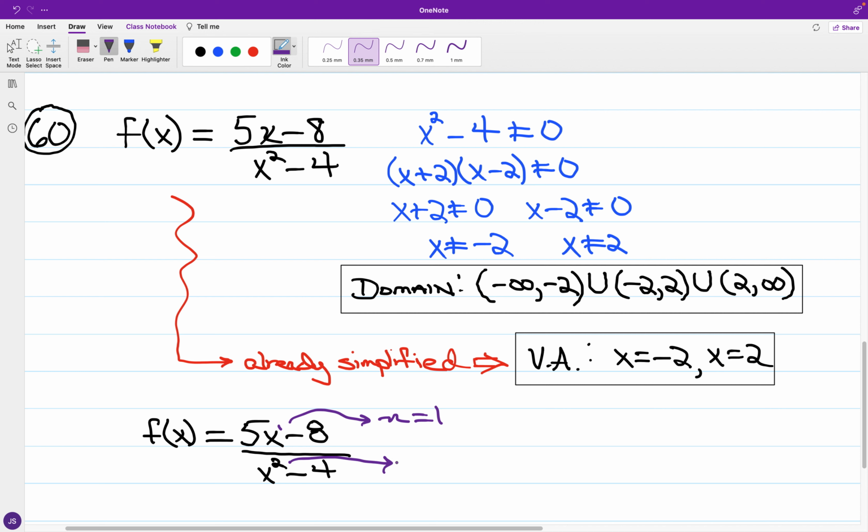And the variable term in the denominator is x squared, so we have that m is equal to 2. And we have another case whereupon n is less than m. And we will have, once again, a horizontal asymptote whereupon y is equal to 0.